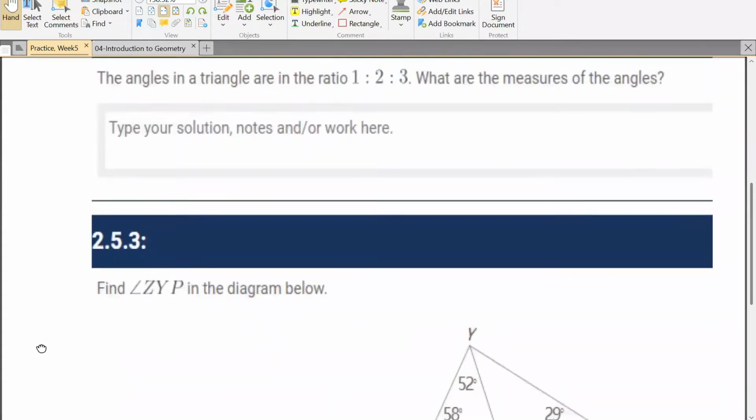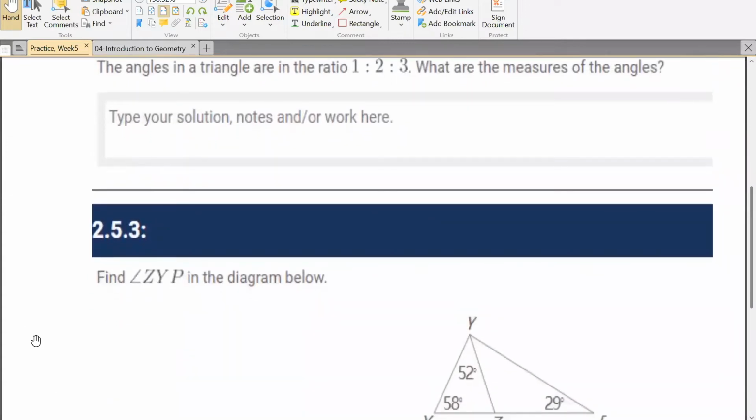2 more questions. So the first one, it says, the angles in a triangle are in ratio 1 to 2 to 3. What are the measures of the angles?